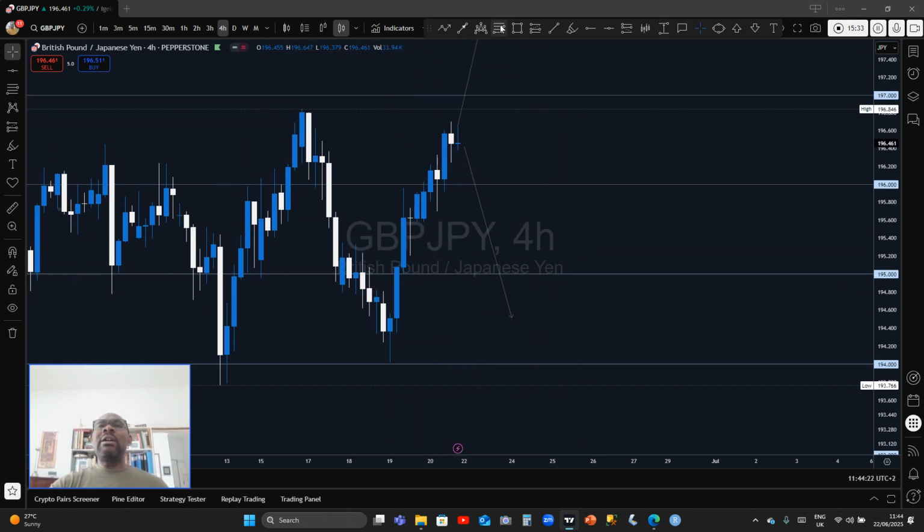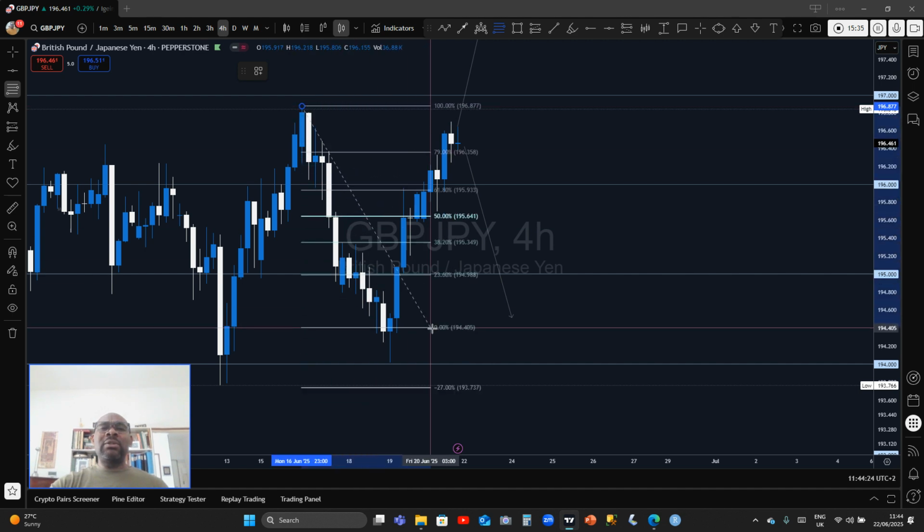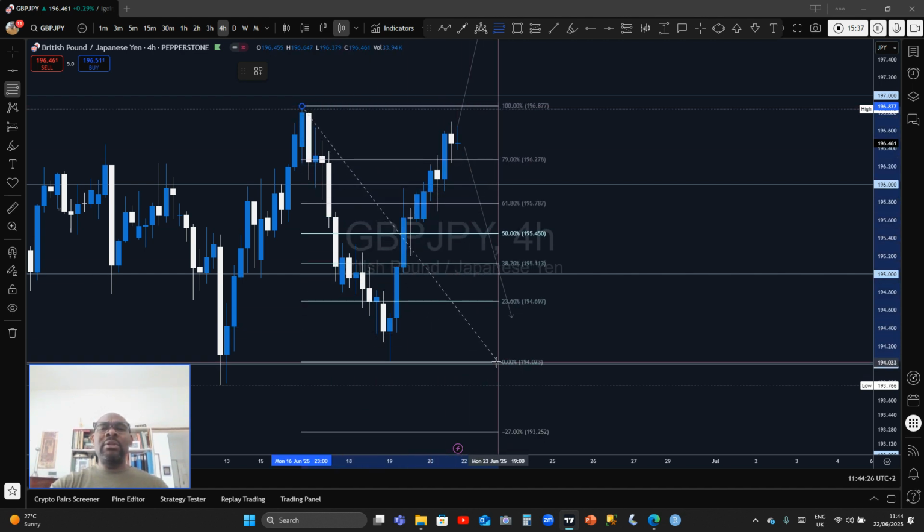So let's bring out our fib. Let's do it like this. For example, price has traded into 79.00. So ordinarily, this high is not supposed to take out this high. If this high takes out this high, now we are expecting this low to take out this high.